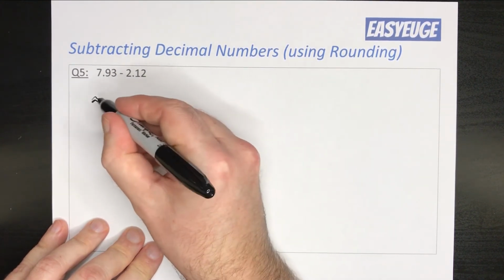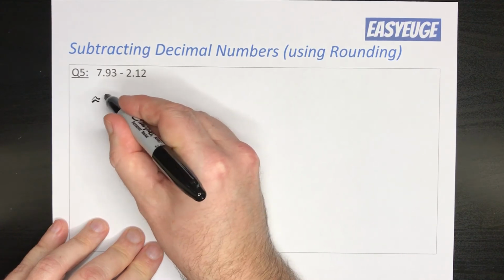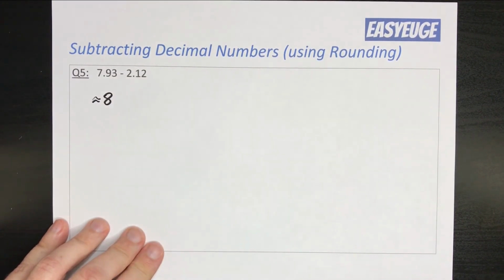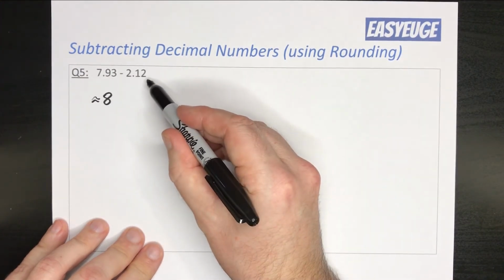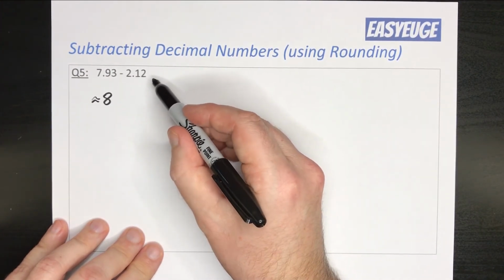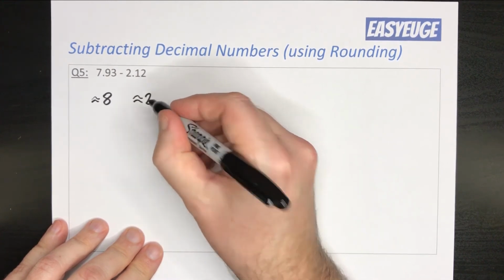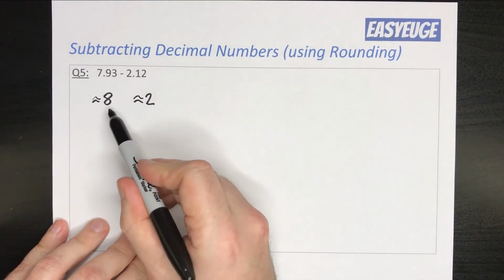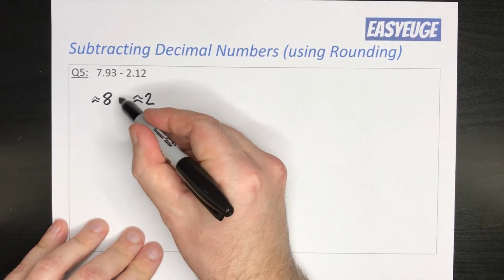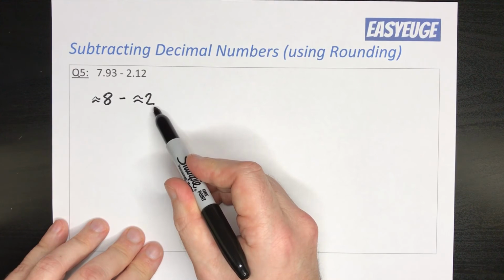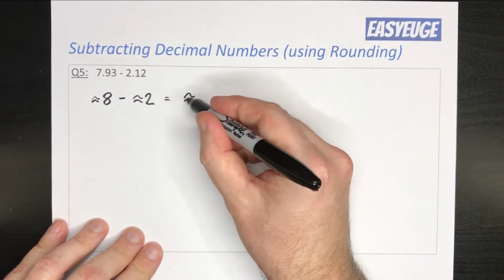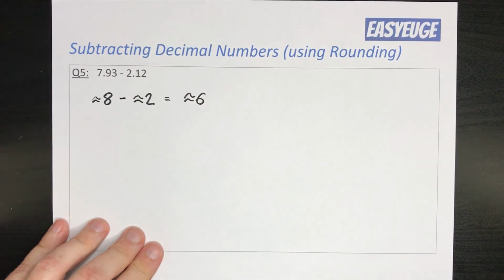So I'm going to put a wee approximation symbol there. It's approximately 8. It's about 8. And this 2.12, it's approximately 2. It's very close to 2, isn't it? So it's approximately 2. So if I have a number that's approximately 8, and I'm going to subtract a number that's approximately 2, my answer then should be approximately 6. So before we even start to work out this decimal number subtraction, we know the answer should be about 6. So we'll use that at the end as a check.